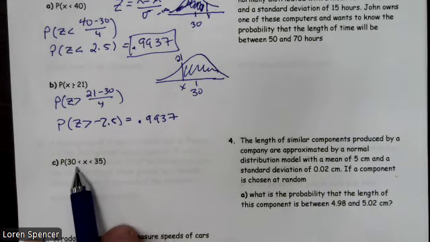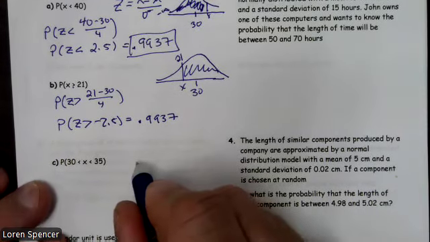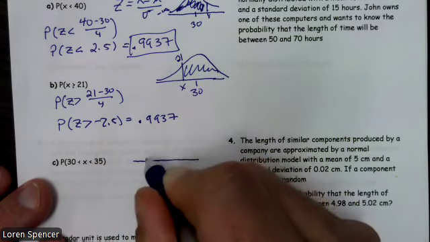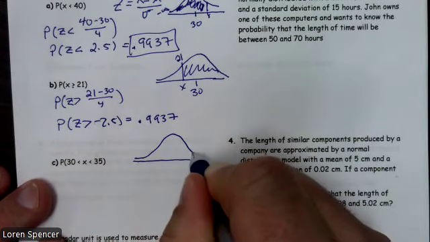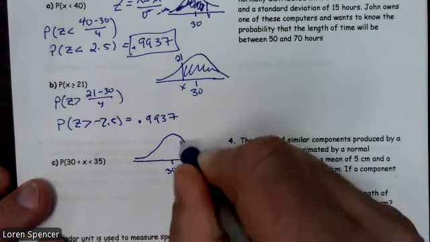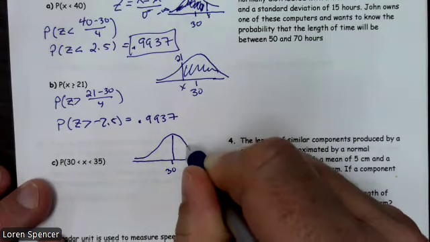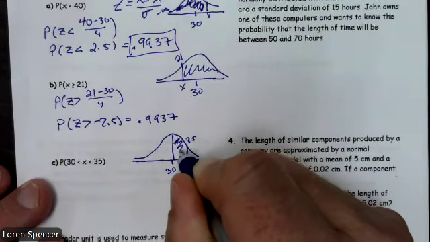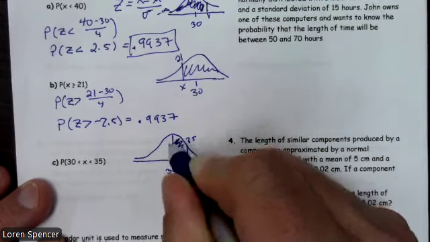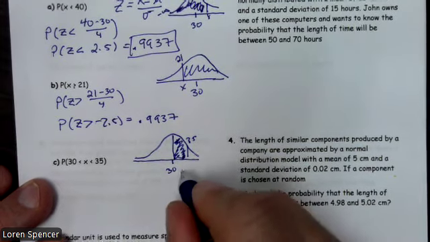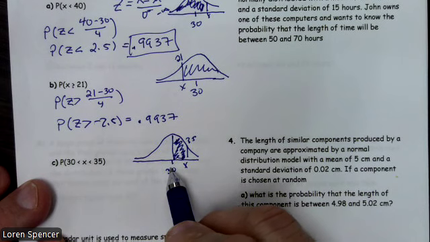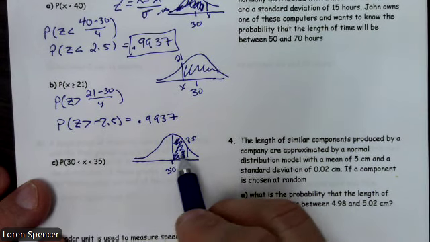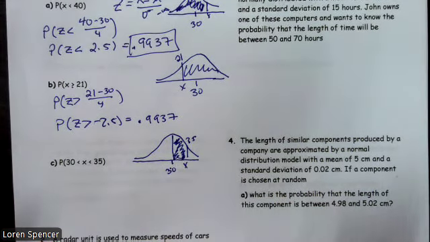The next one is going to be a bit of work because we have two values. The probability is between 30 and 35. Well, our mean is 30. 35 is up here a little bit. And we're looking for this area right there. Now, I know I could shortcut this because I know 30 is 50%, but I'm not going to do that.